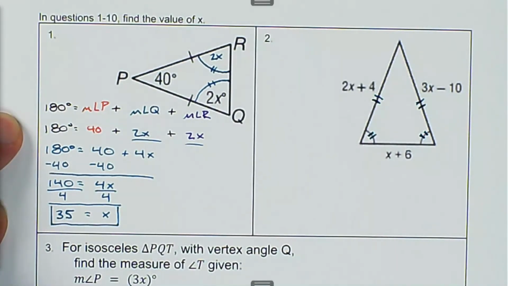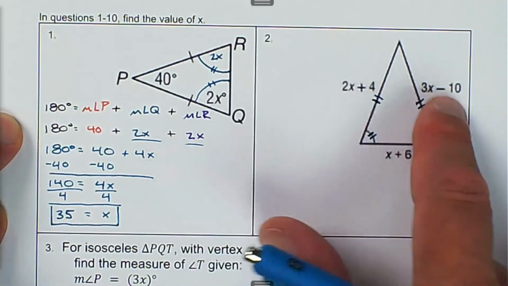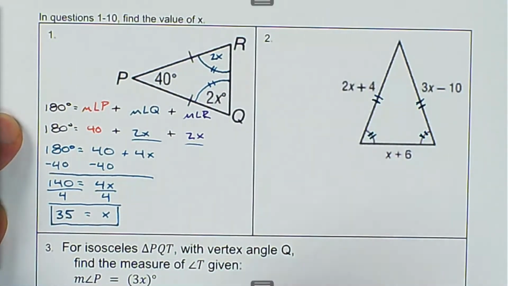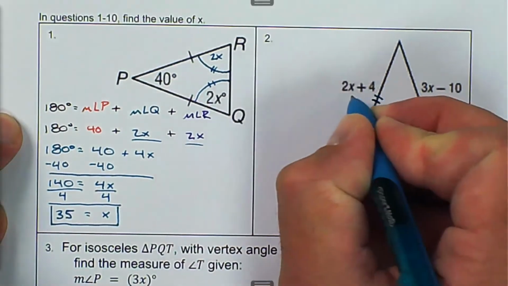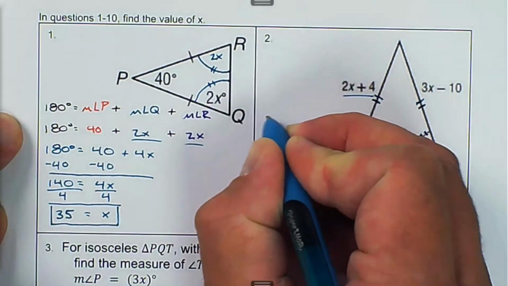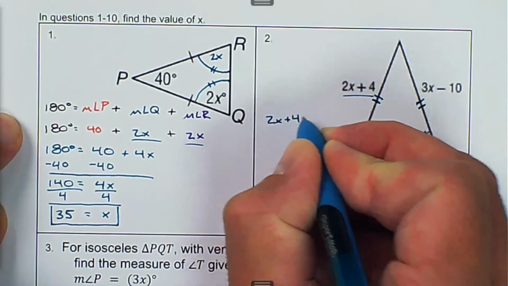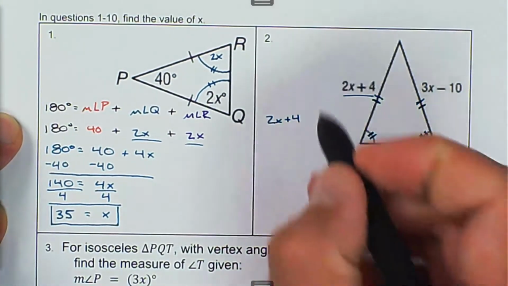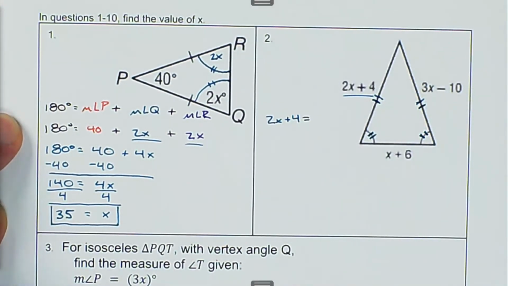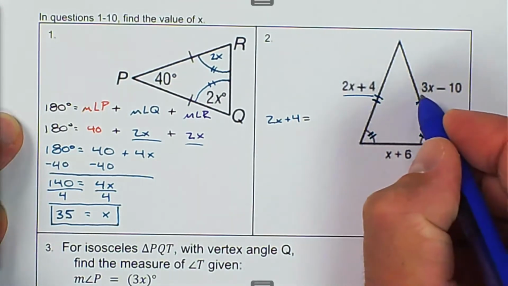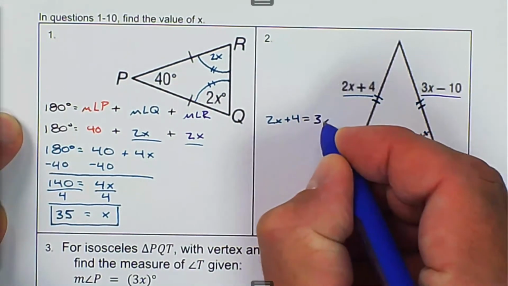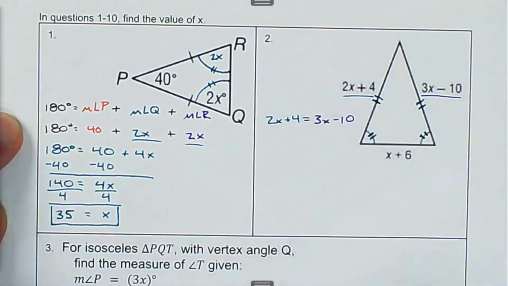What we can do is set these two equal to each other. So we can say 2x plus 4 is equal to 3x minus 10, because we know they're congruent since it's an isosceles triangle.